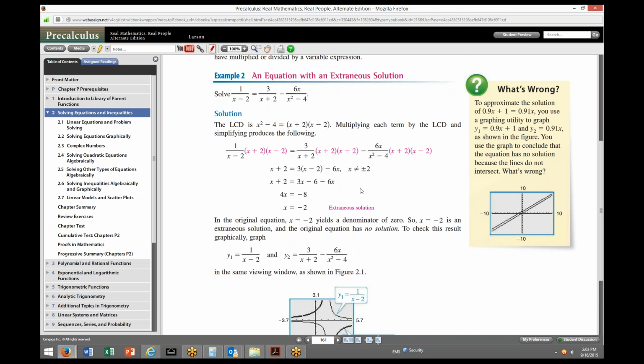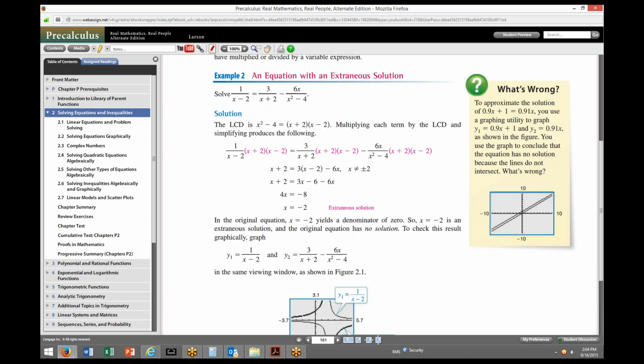That came from the fact that our original equation, that's the one that we're trying to solve, that's the one that counts, x could not be either 2 or negative 2, because if x is either 2 or negative 2, in either case, it's going to make 2 of the denominators 0.